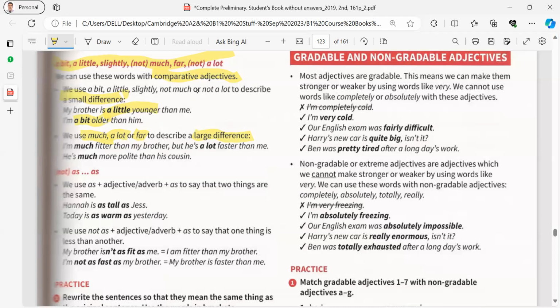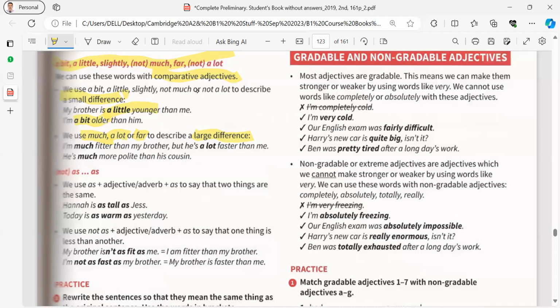Yes. So again, let me recap. To show small difference, what should you use to show small difference between two objects or two people? A little or a bit. Slightly, not much, not a lot. You have 5 words you can use.